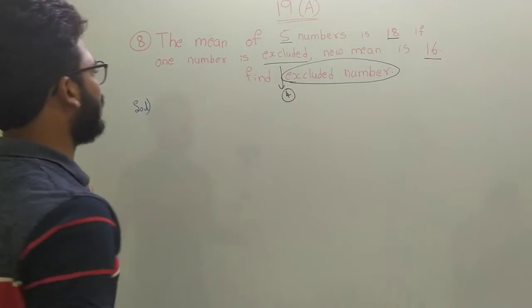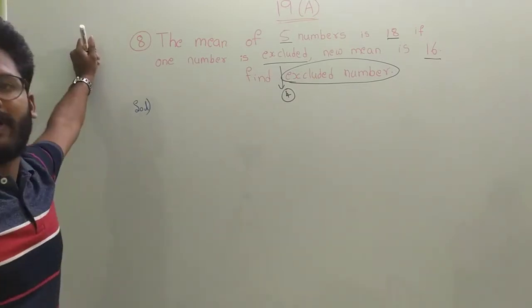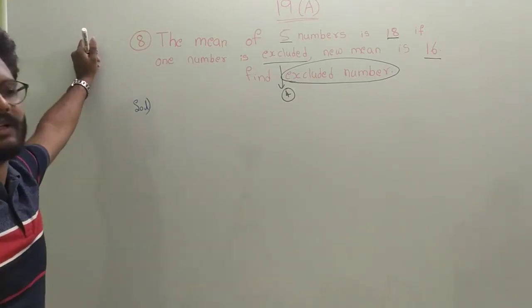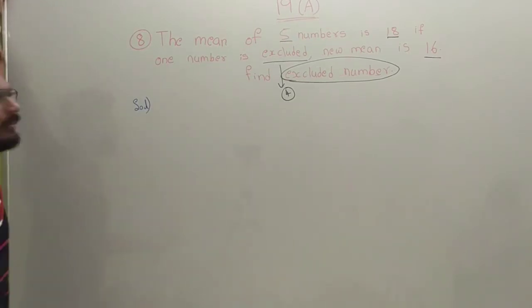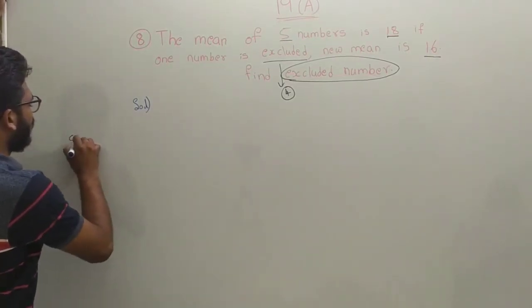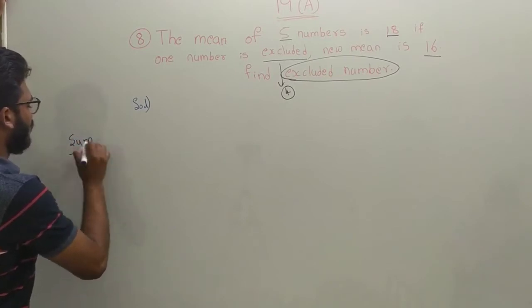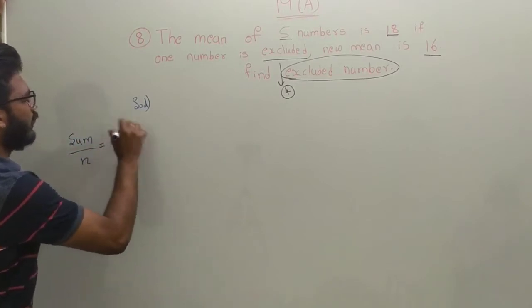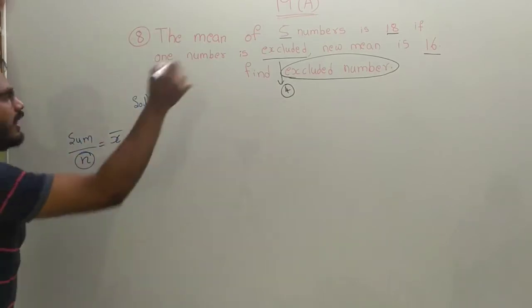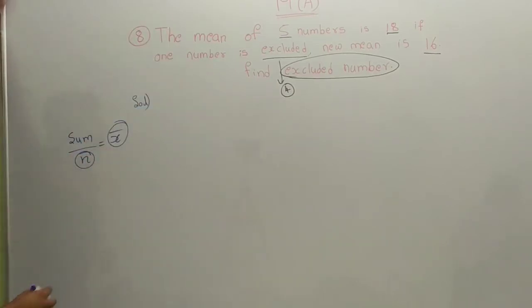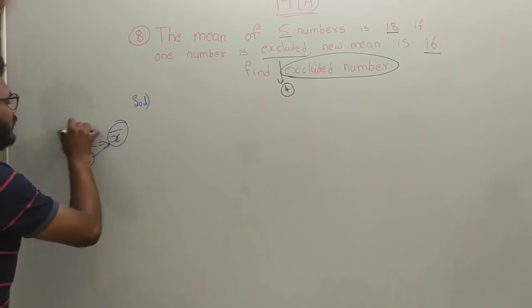How to solve this type of problem? Let us see the concept first. Mean is nothing but the sum of observations by the number of observations. In the first case, we know the number of observations and we know the mean, so by these two we can get the sum of the observations.